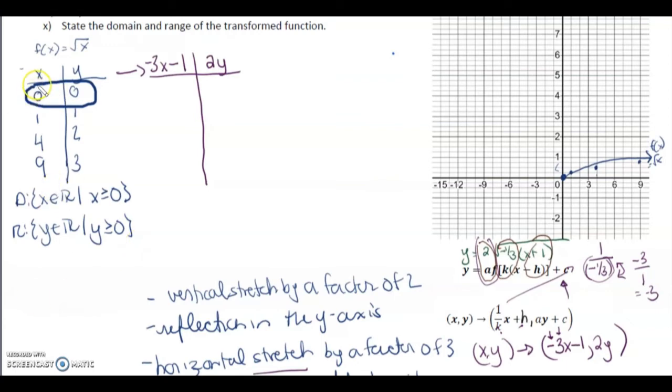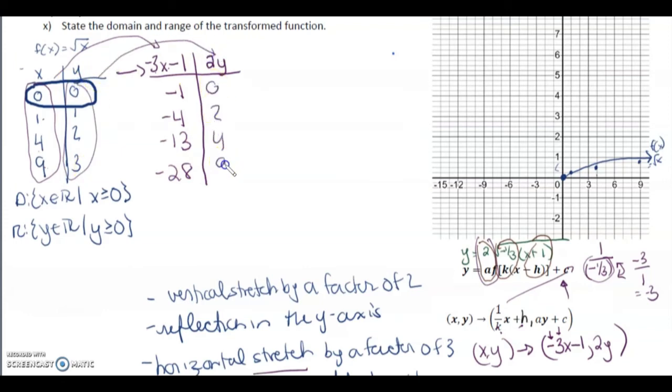So we take all of these x values from the original and sub them into here. -3 times 0 minus 1, -3 times 1, which is -3 minus 1, which is -4. -3 times 4 is -12, minus 1 is -13. This is -27, so -28. And then we're going to double all the y's: 0, 2, 4, 9.